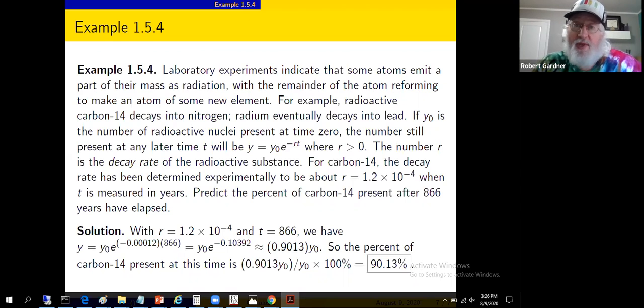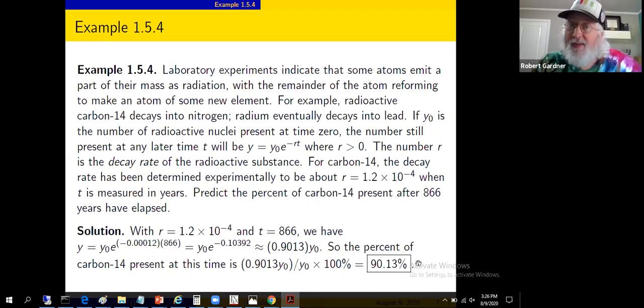A more interesting use of this that we don't quite have the equipment to do yet, but we will in the next section, is, hey, if I pick up a carbon-containing material somewhere, an artifact, and it's got, say, only 90% of the carbon-14 that it originally had. The level of carbon-14 is a constant in the environment.